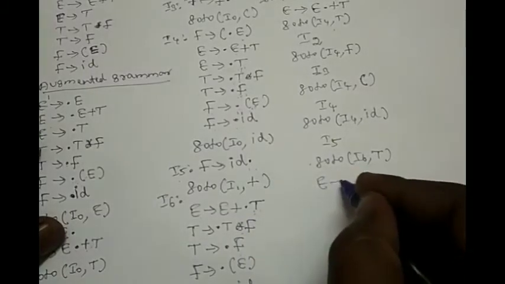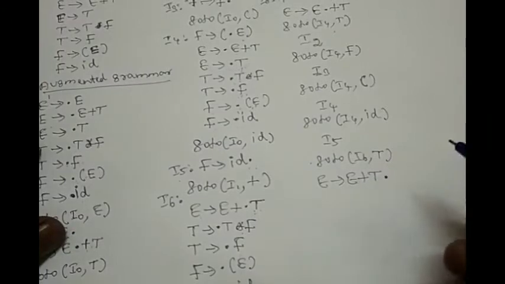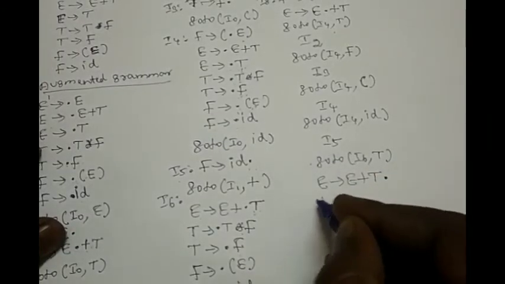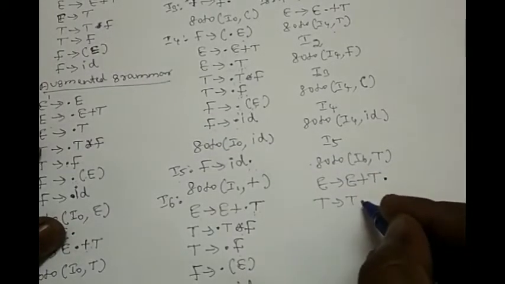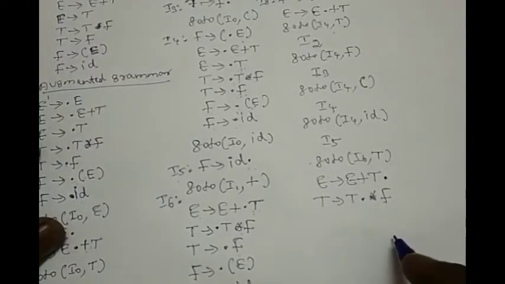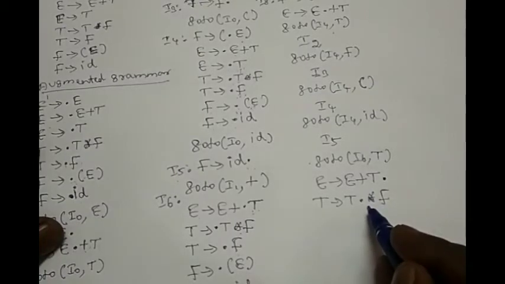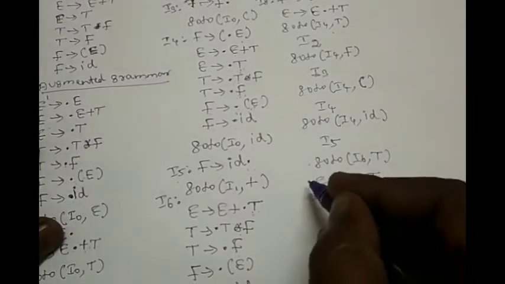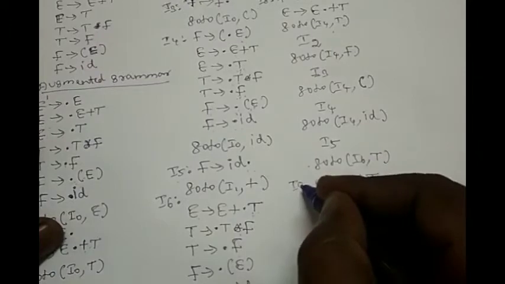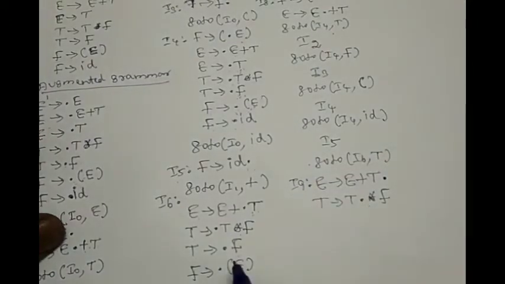So you write E tends to E plus T dot, and another one, T tends to T dot star F. Now dot is not before a non-terminal here, it's only before a terminal. So we will name this as item set 9 here.